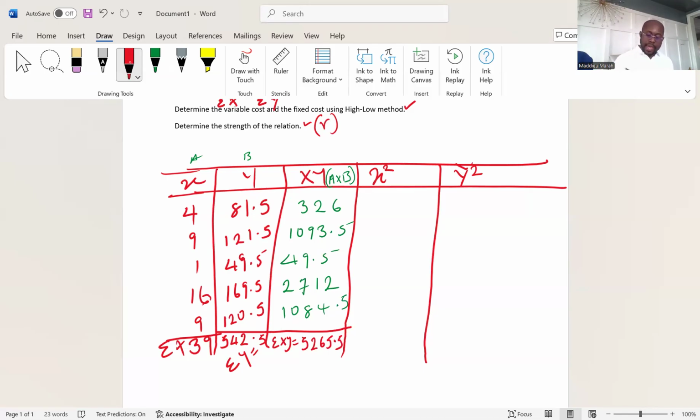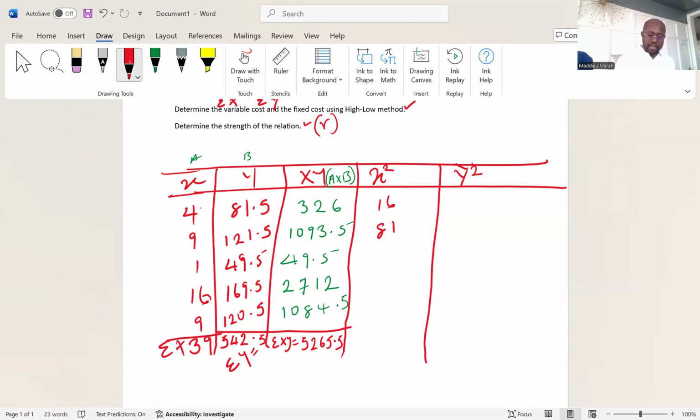Now I need my squares. I need X square first. The values for X are 4, 9, 1, 16, and 9. So 4 square will give me 16. 9 square will give me 81. No trouble?